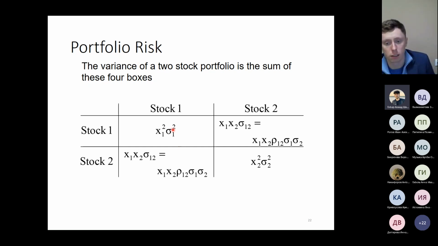Sigmas here, this sigma and this sigma, and sigmas here and here, they represent the standard deviation of the relevant stock. If we have number 1 here, we mean the standard deviation of stock 1, and as it is squared, this would be the variance of stock 1. X1 here is the fraction of this stock in the portfolio.